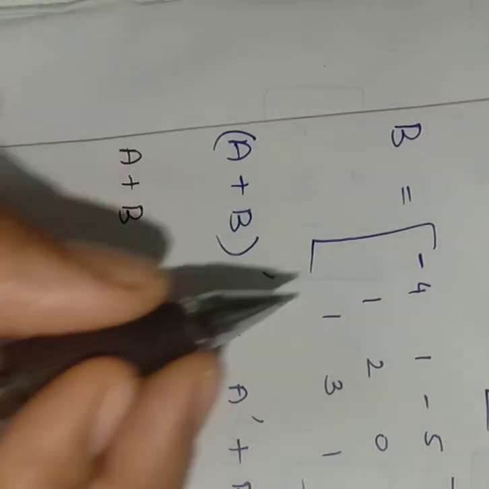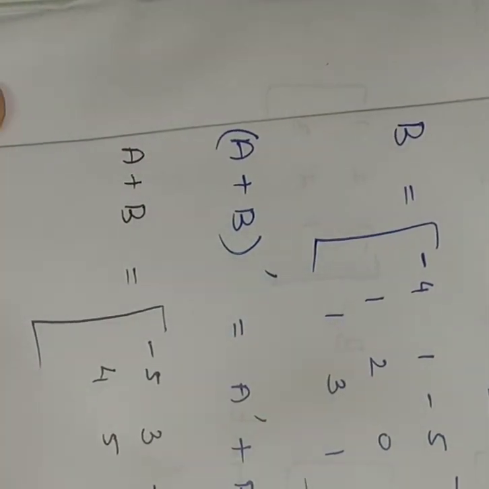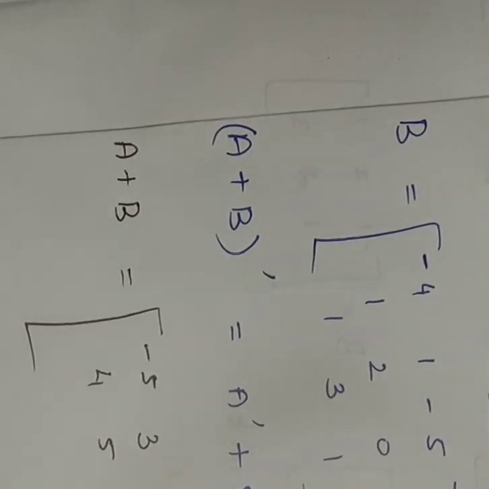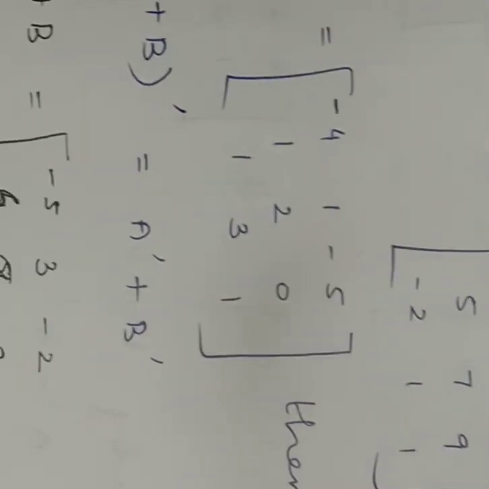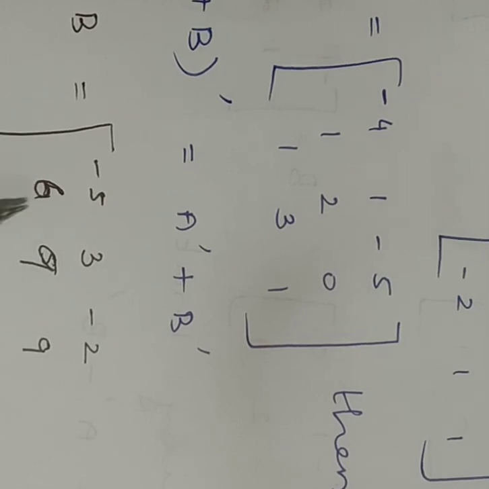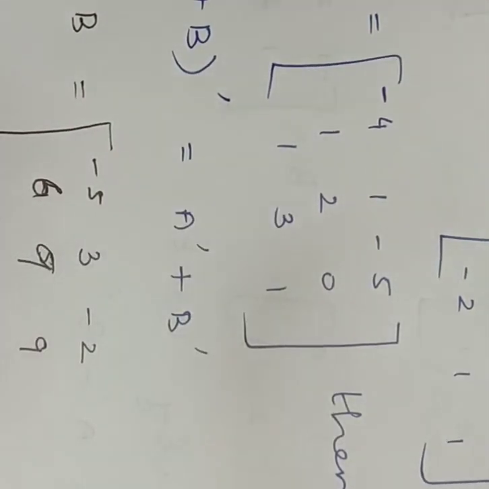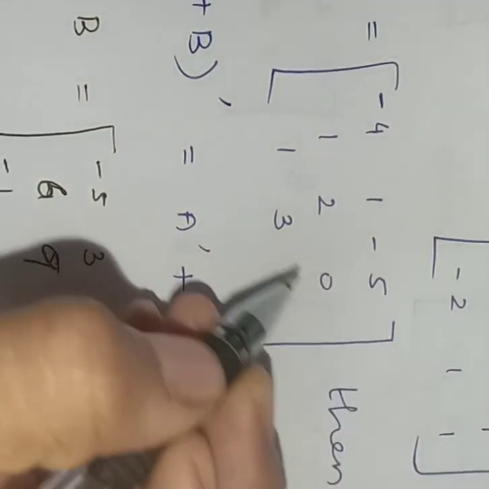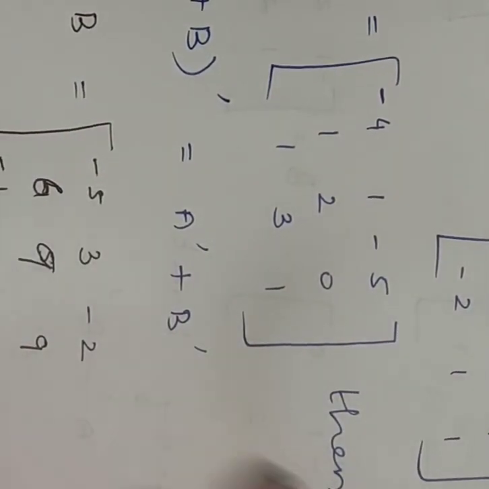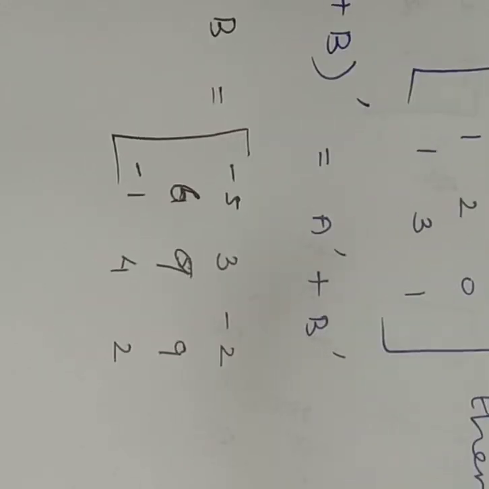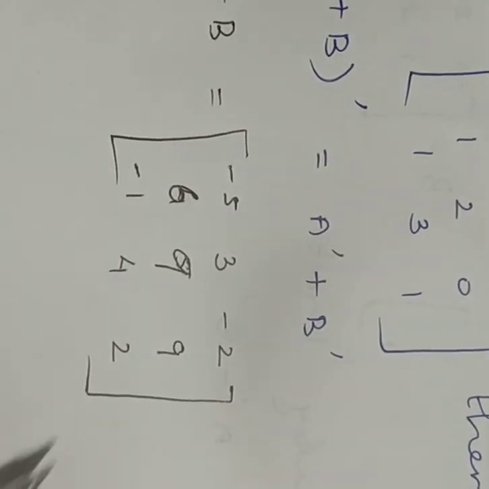Minus 2 plus 1. So first we are going to add A plus B. So minus 5, 3, minus 2, 4, 5, 9, and minus 2 plus 1 will become minus 1. 1 plus 3 will become 4. 1 plus 1 will become 2. So this is your A plus B.